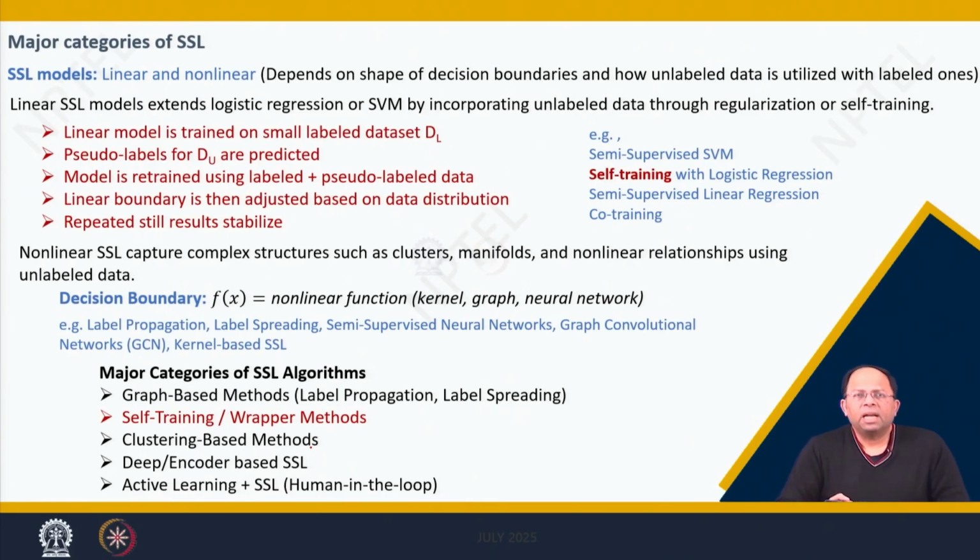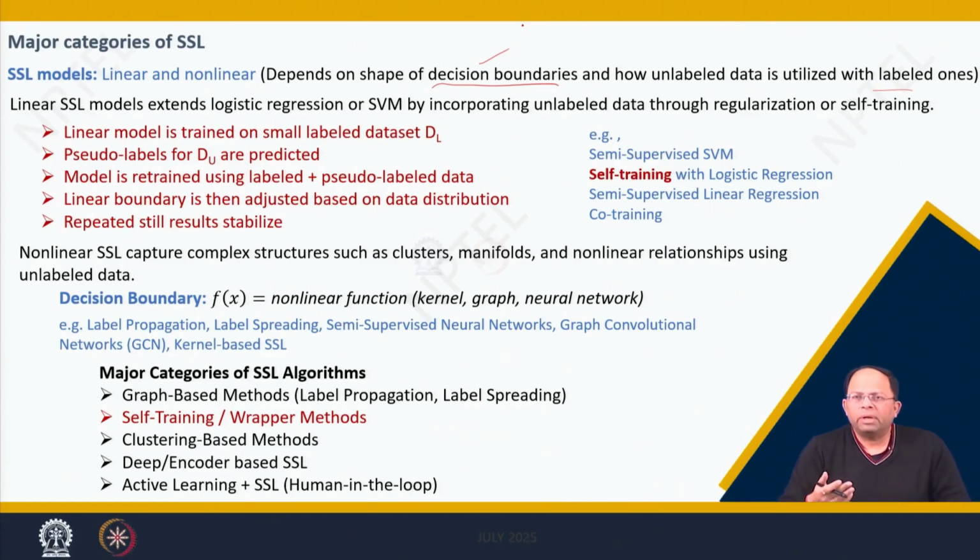These semi-supervised learning models can be both linear and non-linear in nature. It depends on the shape of the decision boundaries and how unlabeled data is utilized with the labeled ones. We have learned this earlier: the shape of the decision boundary decides if it's a linear or a non-linear data set.